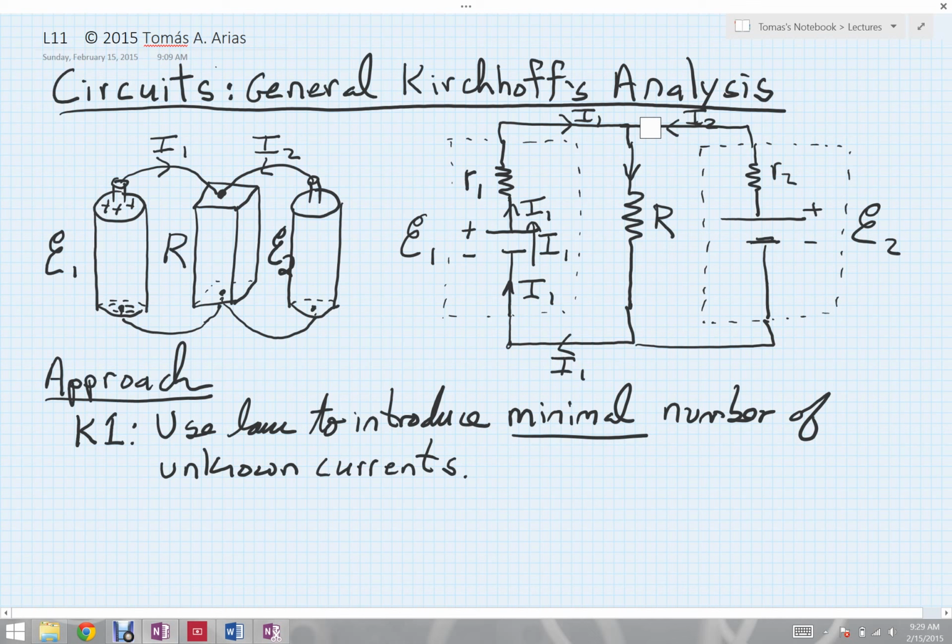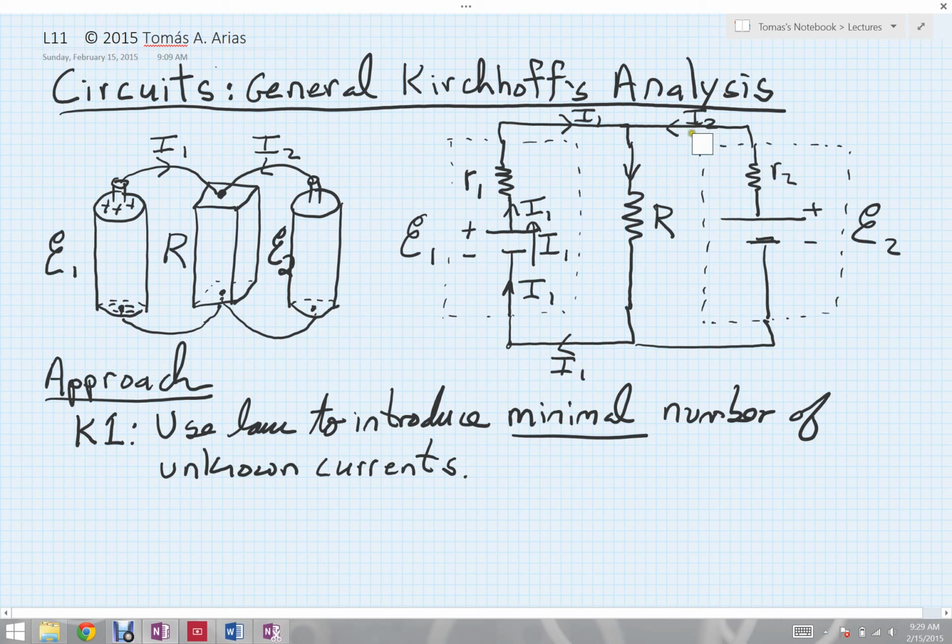I could introduce an unknown that represents the current flowing through this resistor, and then use that and my knowledge of I1 to determine how much current is flowing through this branch of the circuit. Or what I could do, and this is what we will do, because we're being asked for these two currents, I1 and I2, is define my next new current, I2.